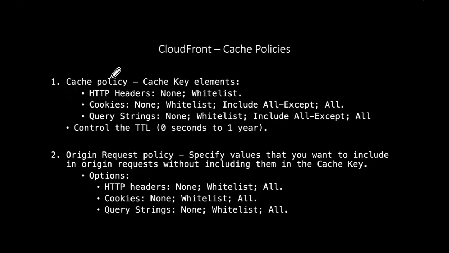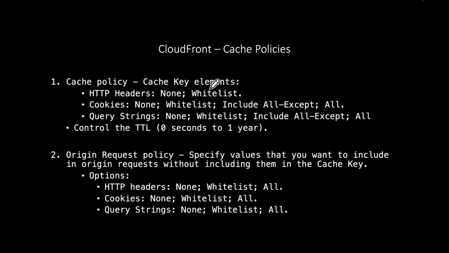In terms of the cache policy, you can do things like maybe you want to include HTTP header key value pairs as part of the cache key itself. So you can say, look, I don't want any HTTP headers to be involved in the construction of the cache key.